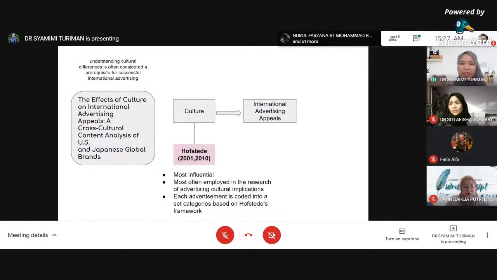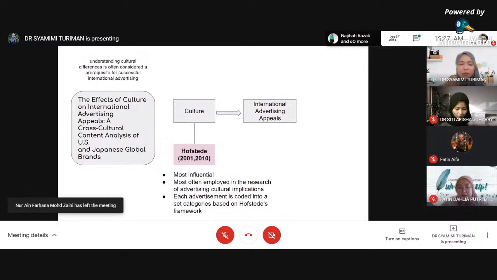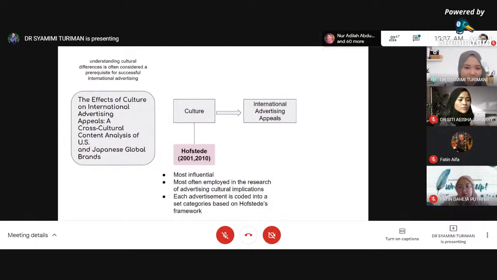The implication is not just choosing the theoretical framework, but that framework will also guide you in your data analysis. Because this is a content analysis, as you see in the 3rd bullet here, each advertisement is coded into set categories based on Hofstede's framework.